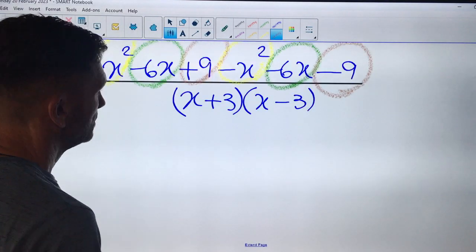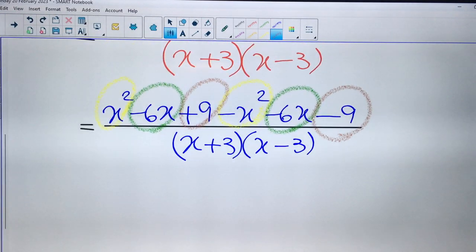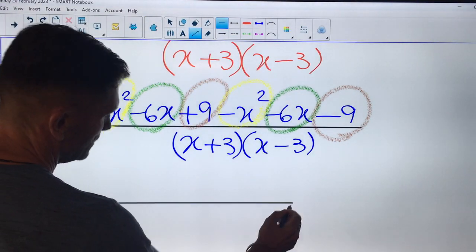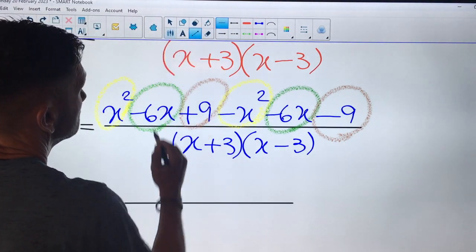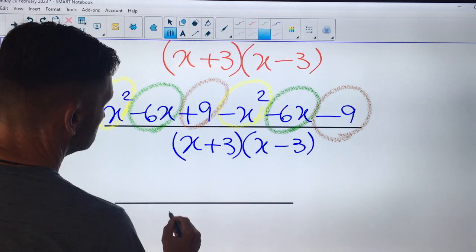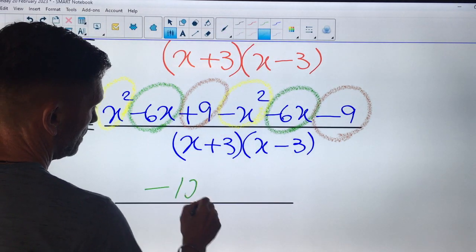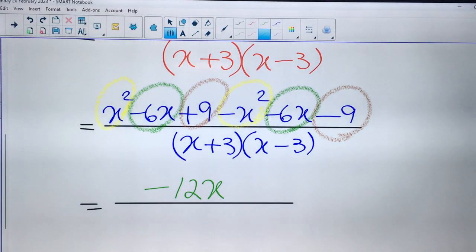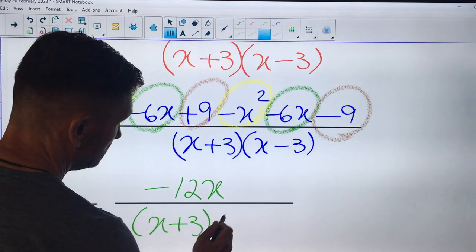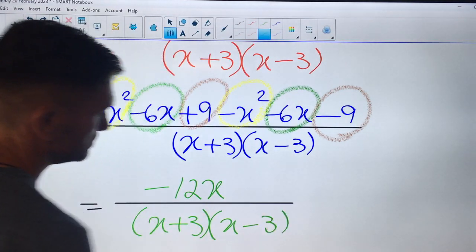Doesn't it cancel? It does, indeed it does. And if we look at the green, it gives us negative 12x, that is correct. And then 9 cancels out. So that is only negative 12x left on top. And we still have x plus 3, x minus 3.